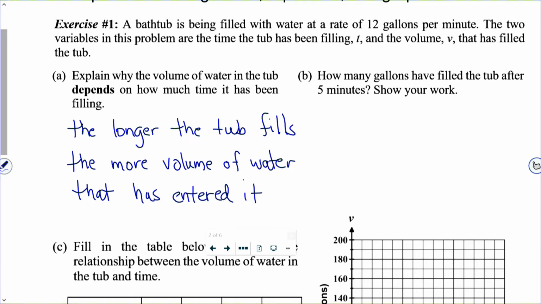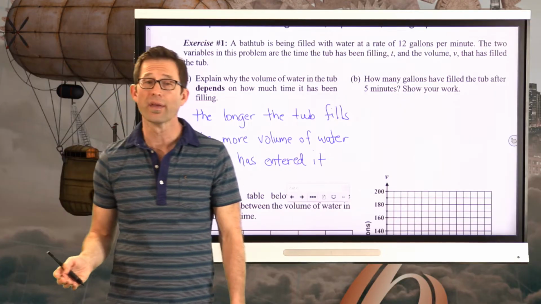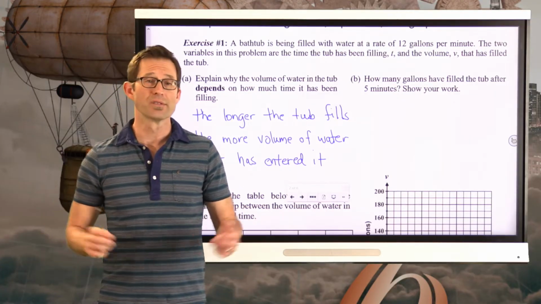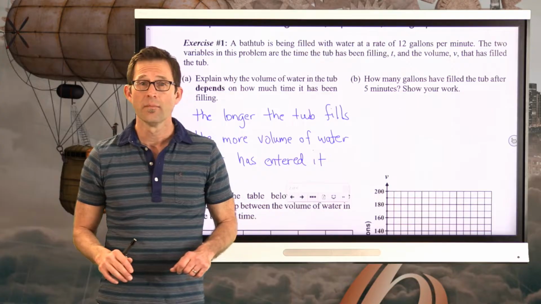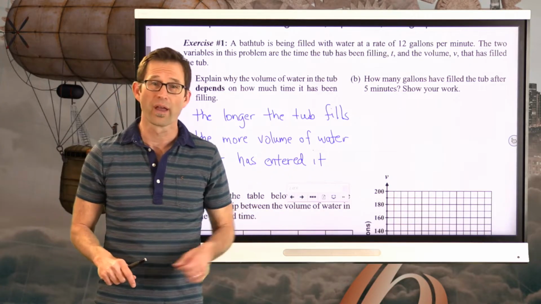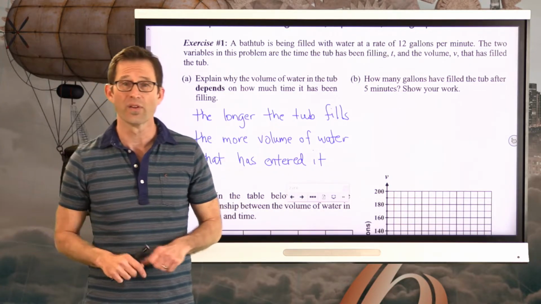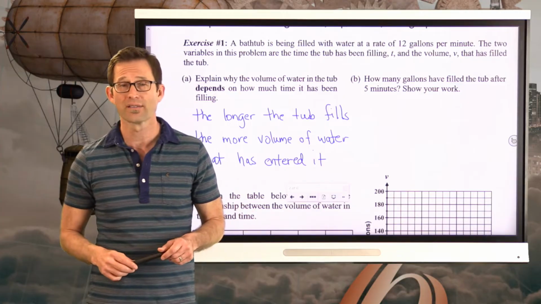Right? I mean, obviously if it's filling at 12 gallons per minute, then after 0 minutes of filling, nothing has gone in. But after 1 minute of filling, 12 gallons have gone in. After 2 minutes of filling, 24 gallons have gone in, etc.